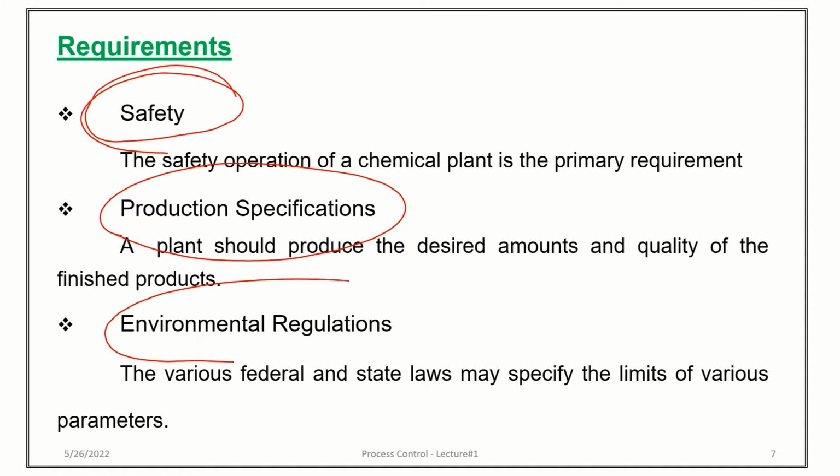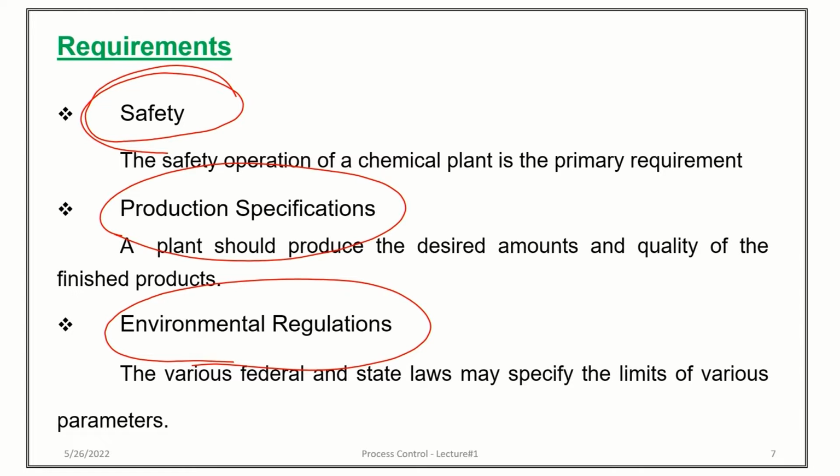Then coming to the next requirement, which is called as the environmental regulations. I will tell you what is meant by the environmental regulation. The various federal and state laws may specify the limits of various parameters. That is, whenever the plant is operated, there may be some conditions on the parameters of the plant. For example, the temperature should not exceed this much amount.